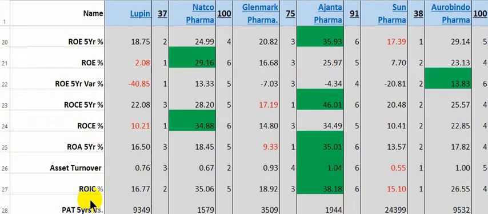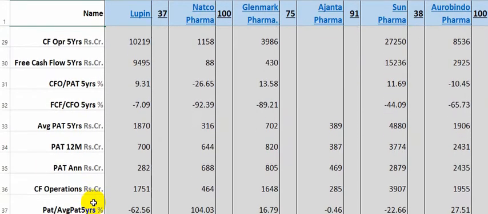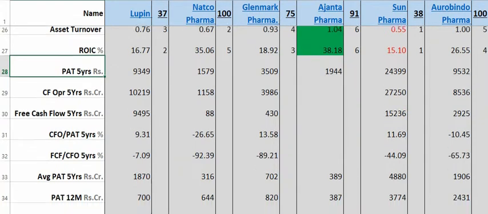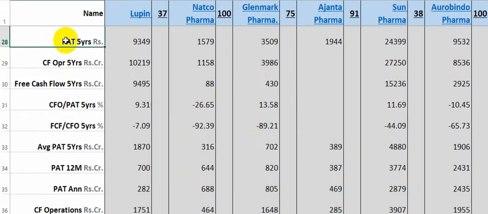Next, let us look at the other ratios. In this analysis, what we are going to do is compare the profit after tax of the last 5 years with how much of that was converted into cash, that is cash from operations, and then we will also compare what was the free cash flow of the last 5 years with the cash flow from operations.